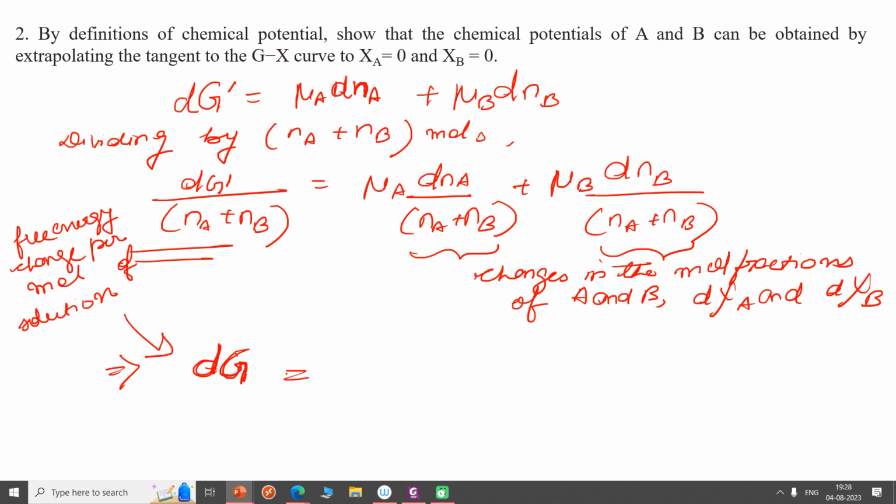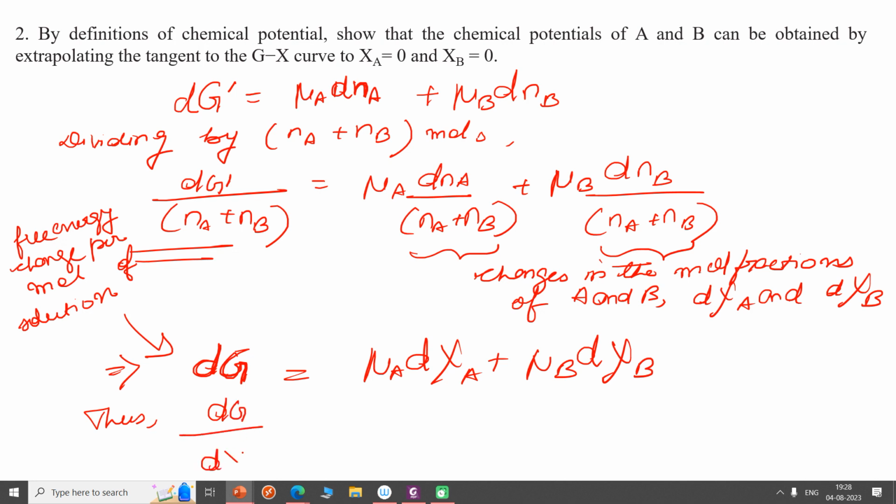So we can have μA dχA plus μB dχB, and dG by dχB, let's say, is equal to μA dχA by dχB plus μB, which is equal to minus μA plus μB.